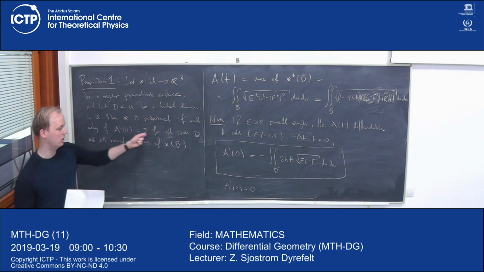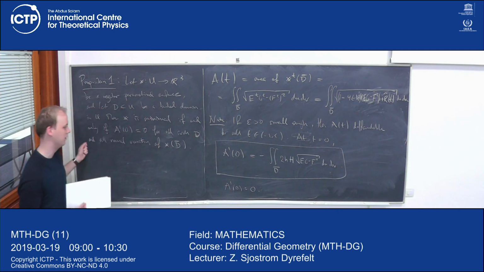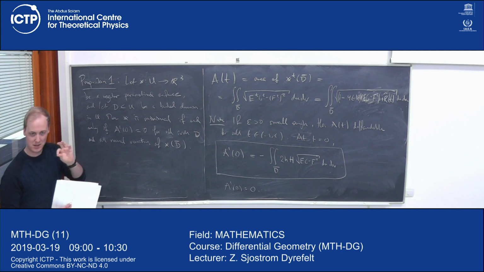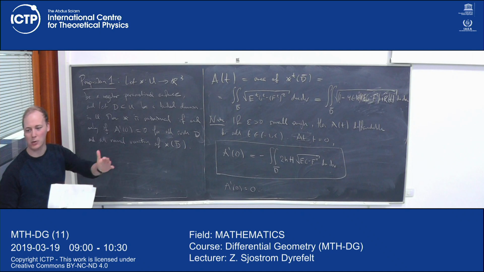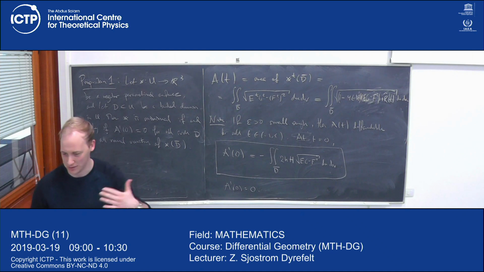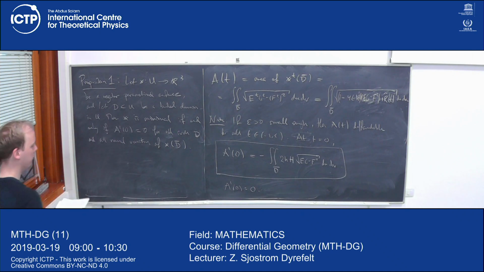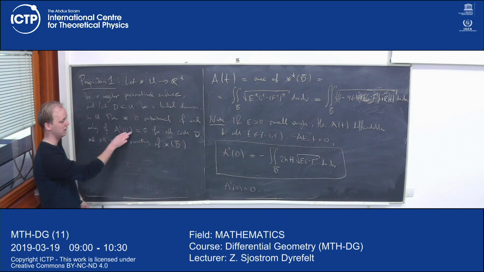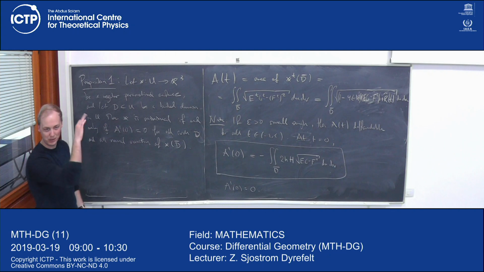So this means that for all such D inside U, and for all the choices of h, this small h, this function which we use to determine exactly how we flow our surface to a new surface. Okay? So for all such normal variations, this A prime is 0, if and only if big H, the mean curvature, is identically 0.